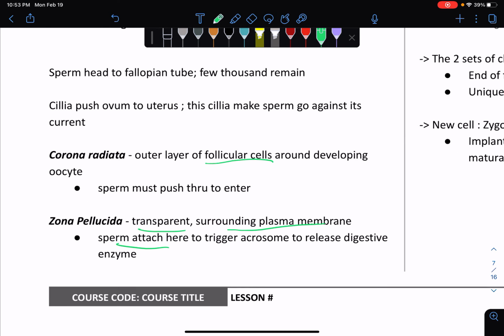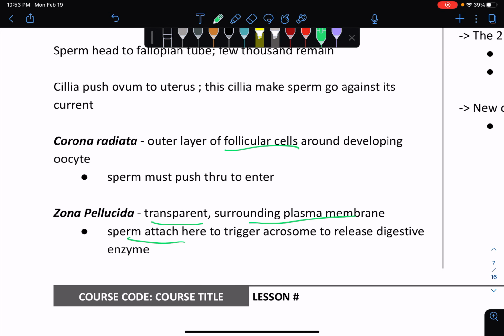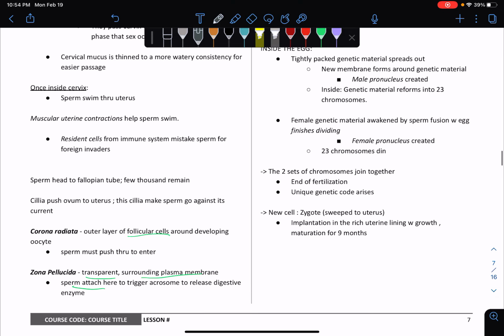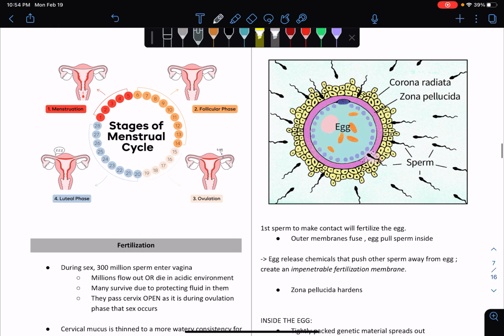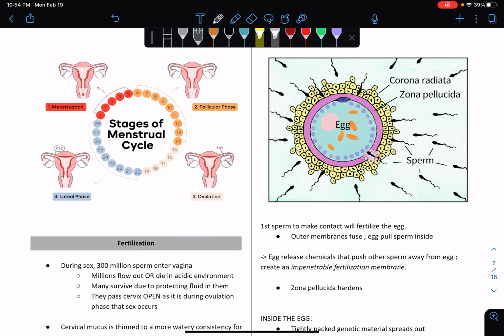Anyways, fancy phrase, but it's true. Right after the sperm fertilizes the oocyte, the egg itself is programmed to disintegrate all the other sperm cells.